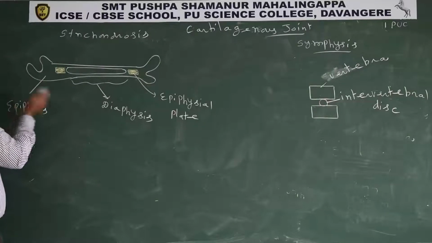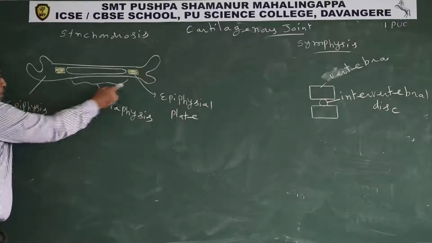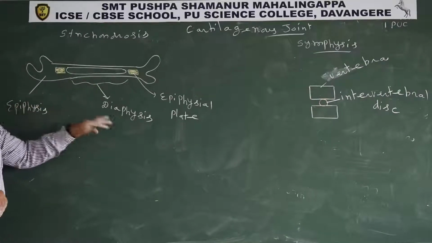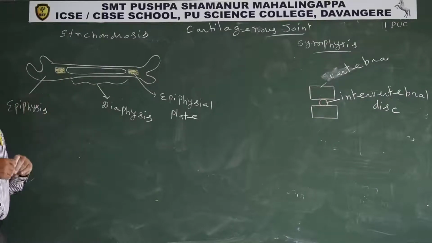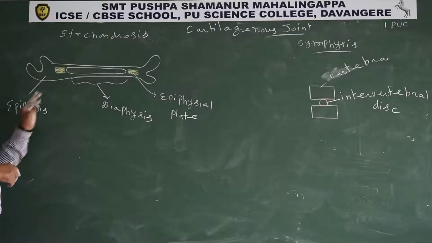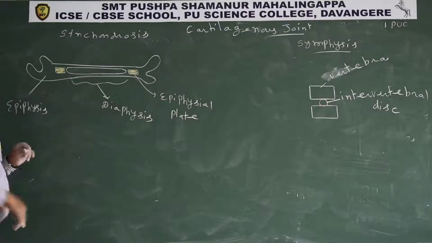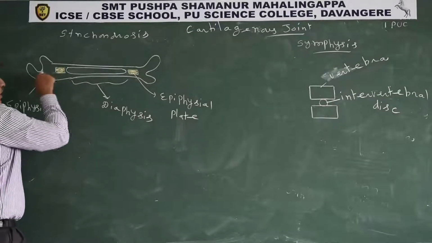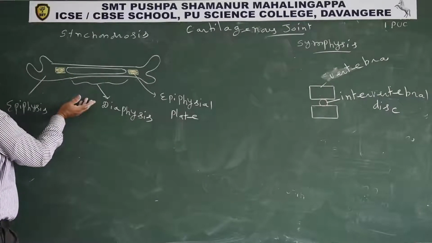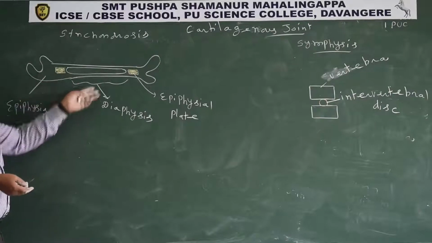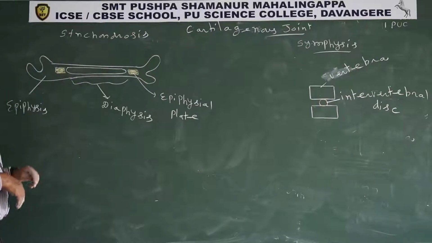Epiphysis is the end of the long bone, and the middle part of the long bone is the diaphysis. Between epiphysis and diaphysis, the epiphyseal plate is present in the long bones of children. So the epiphyseal plate is nothing but hyaline cartilage, so hyaline cartilage is present between the two bones. So what is synchondrosis? If hyaline cartilage is present between the two bones, it is known as synchondrosis.